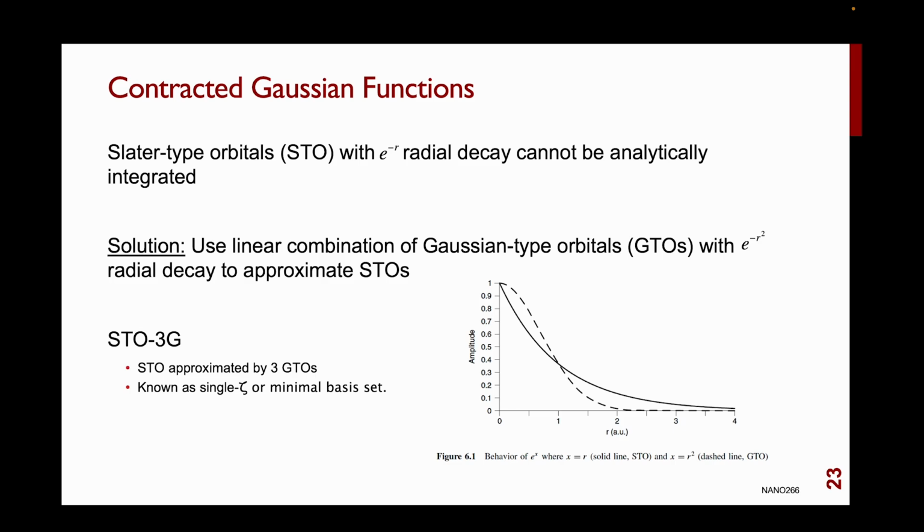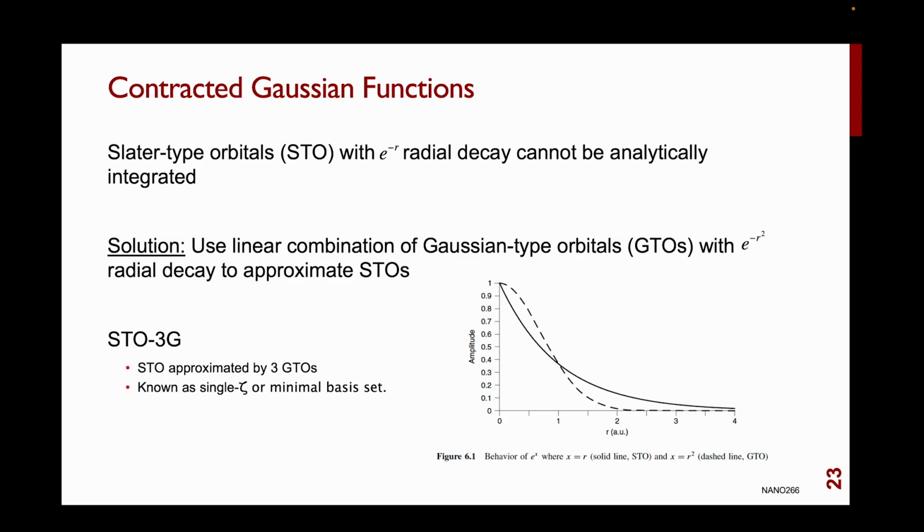So more commonly, instead of using those atomic type basis functions, the solution is to just use a linear combination of Gaussian type orbitals with e to the power negative r squared radial decay to approximate those Slater type orbitals. A typical example, one of the smallest possible basis sets that you encounter in a lot of quantum chemistry codes, is called STO3G.